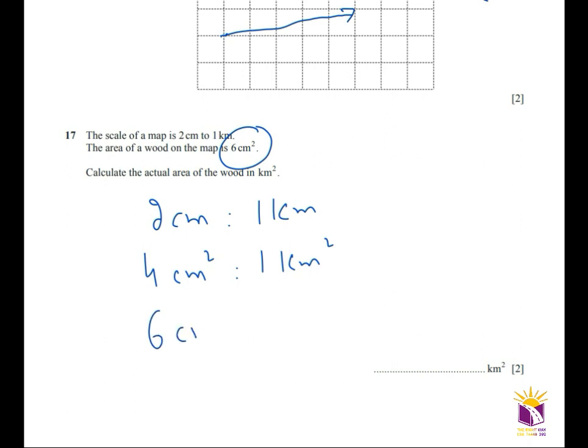So 6 centimeter squared, and what will it be in kilometer squared? Let it be x. So 4 times x equals 6 times 1, which is 6. So x will be equal to 6 by 4, or you can write it as 3 by 2, or 1.5 kilometer squared.